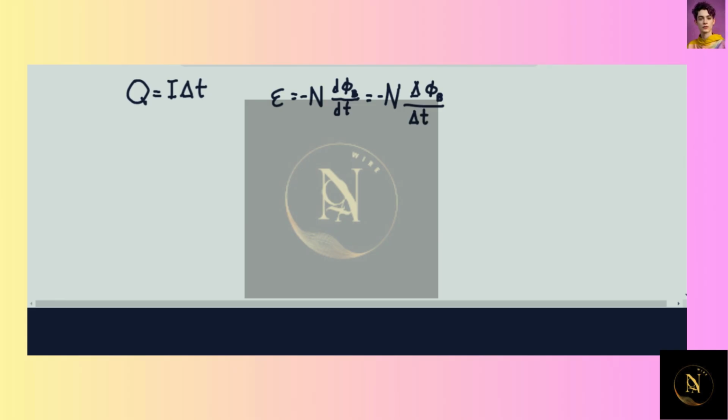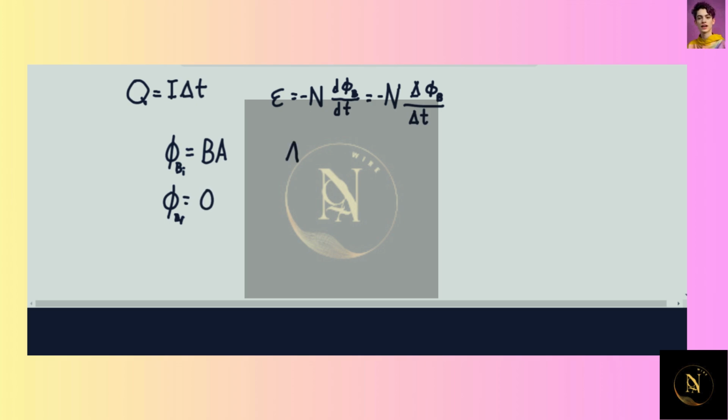We're told that the flux in the search coil decreases to 0 over the time interval we're measuring. So phi sub B will start out being equal to B times A. That's the initial flux of this coil. And then it'll drop over time to a final flux, phi sub B final, of 0.